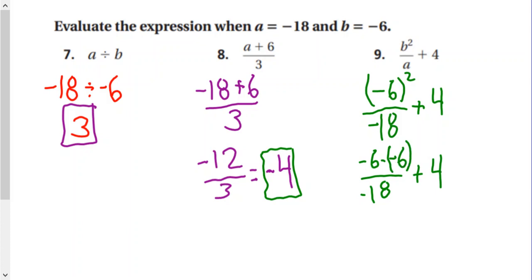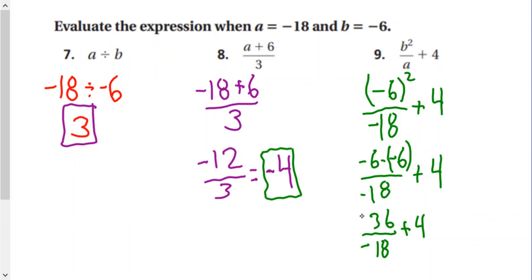And negative times a negative gives us a positive, so negative 6 times negative 6 is 36 divided by negative 18, plus 4. And in our division problem, 36 divided by negative 18 is one negative.